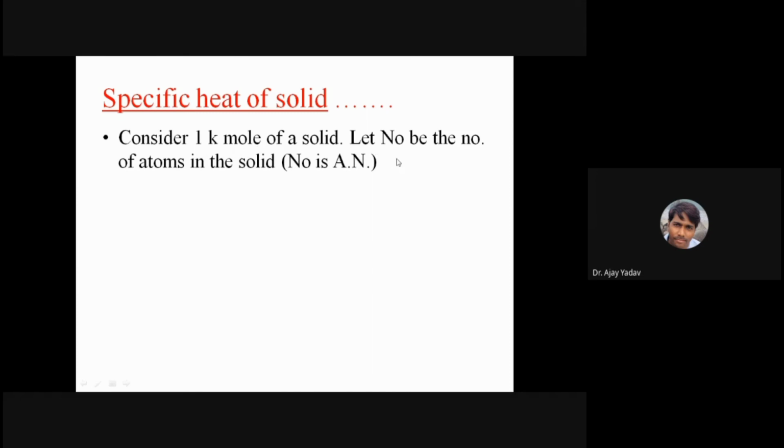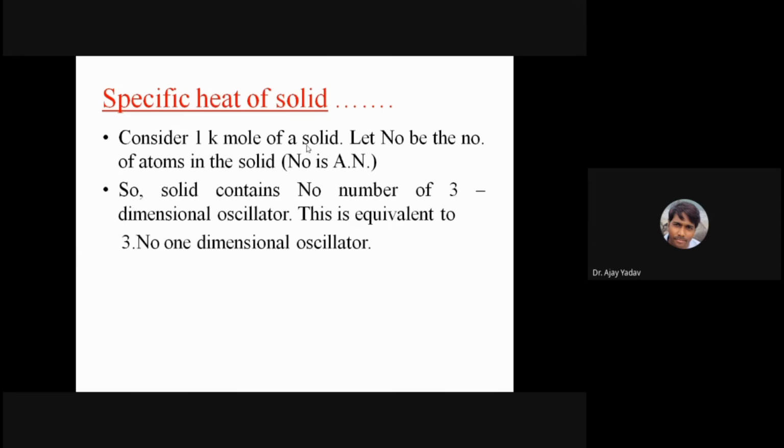Let N0 be the total number of atoms in the solid, where N0 is the Avogadro's number. Let a solid comprise N0 number of atoms. Now here, if you have N0 number of atoms, you will have N0 three-dimensional oscillators, or 3N0 one-dimensional oscillators.